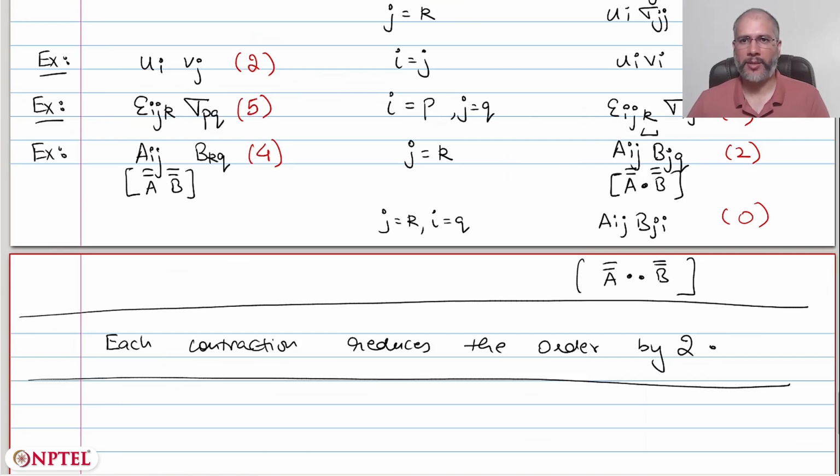So inner products can easily be defined using contractions on outer products.